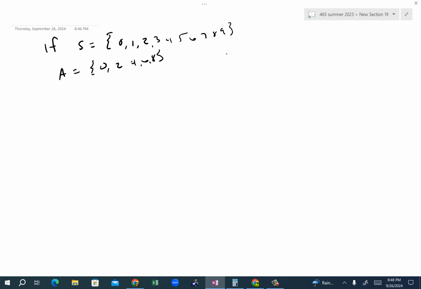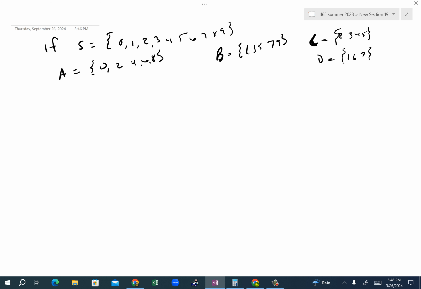So I'm going to do this problem here just because it looks fun. Why not? It says if S is this set 0, 1, 2, 3, 4, 5, 6, 7, 8, 9, and A is 0, 2, 4, 6, and 8, and B is 1, 3, 5, 7, 9, and C is 2, 3, 4, 5, and D is 1, 6, 7.